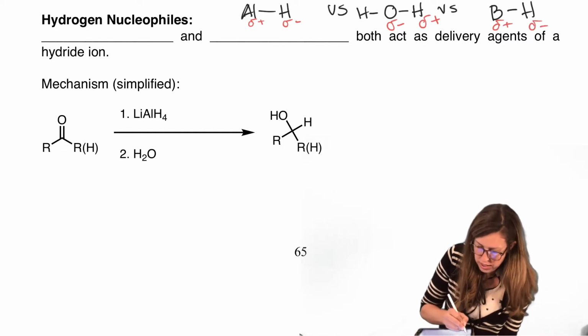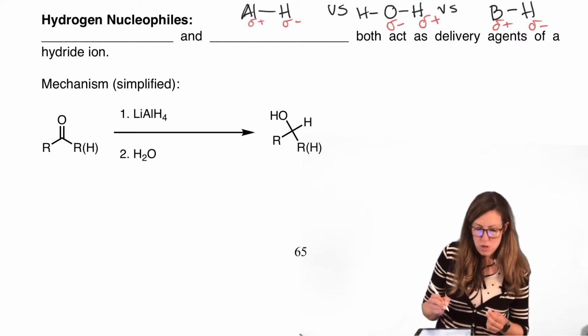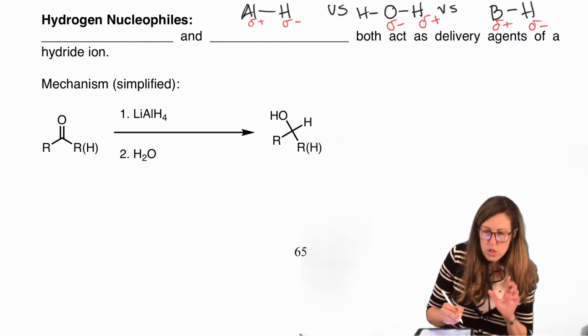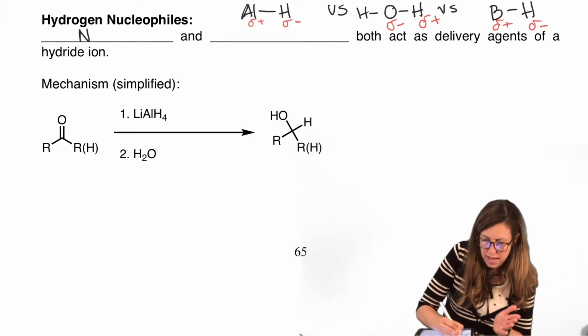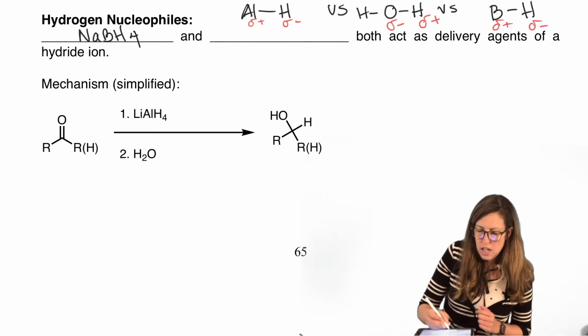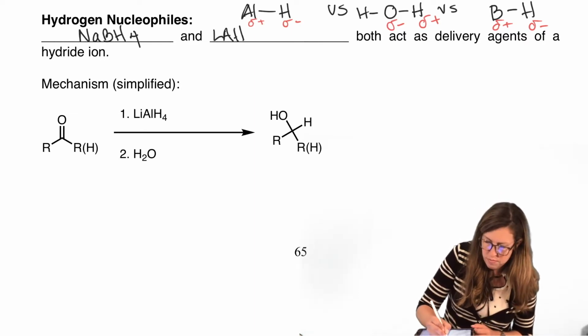That effectively allows it to act as a hydride instead of a proton. So there are two reagents that we're going to know, and one should be very familiar, NaBH4. Like I said, we've used this before, sodium borohydride, and lithium aluminum hydride, abbreviated LAH. So that's lithium aluminum.